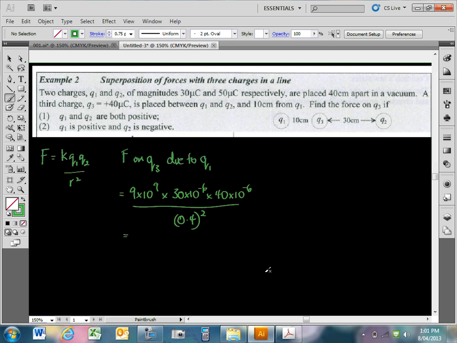Who made that mistake? Oh, hang on, sorry. 0.1. Who put 10? Who forgot to put the squared there? Good.